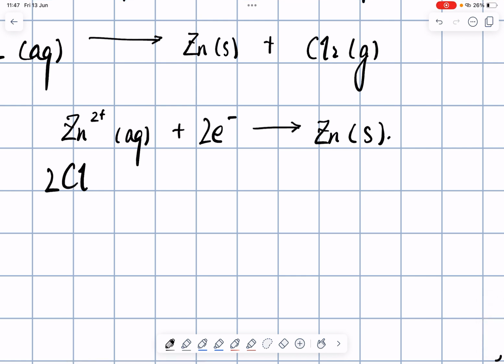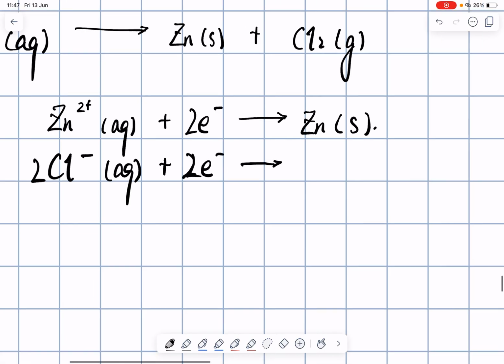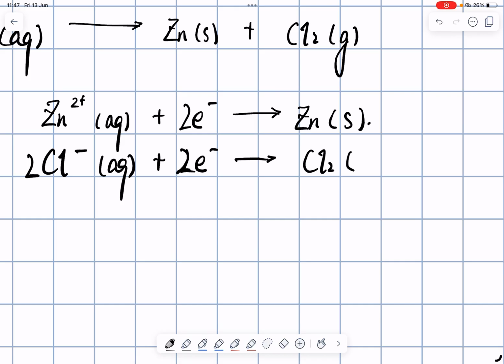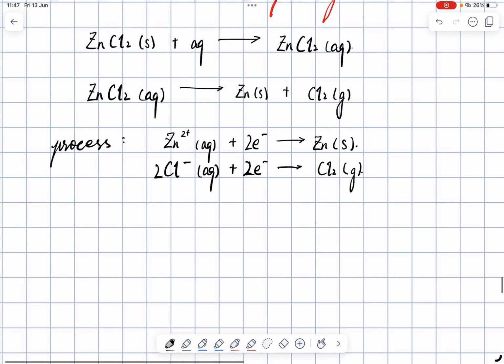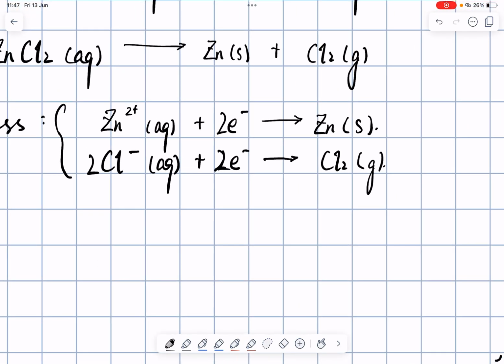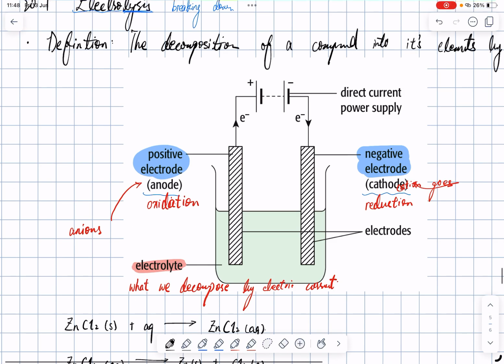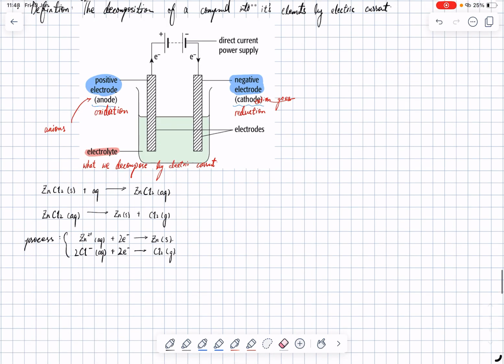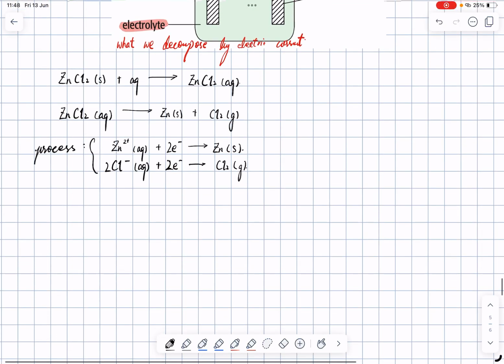And two chloride anions each lose 1 electron, so they form a chlorine molecule in gaseous state. See, they're all in their natural state, and those elements are broken down by electric current. You see, we got a direct current power supply here. So that's just a brief introduction for electrolysis.